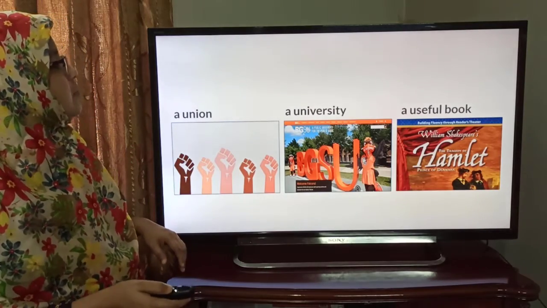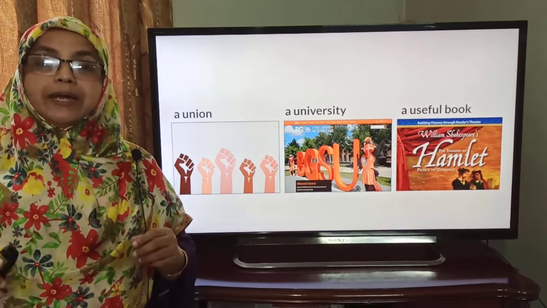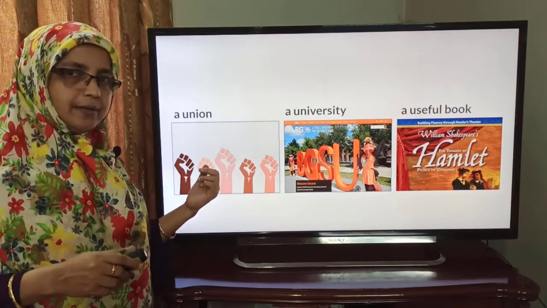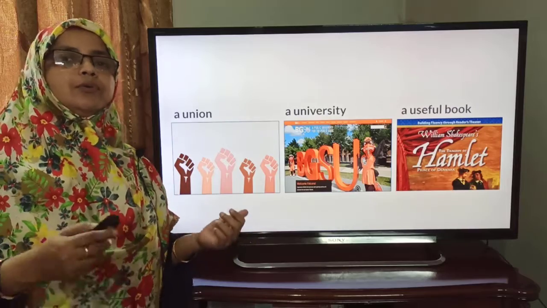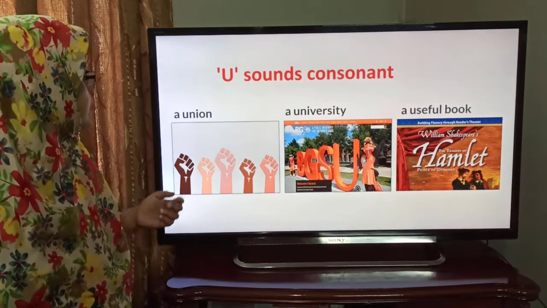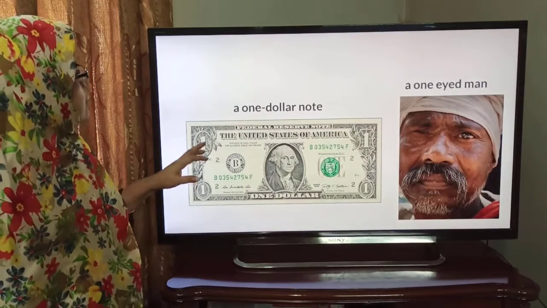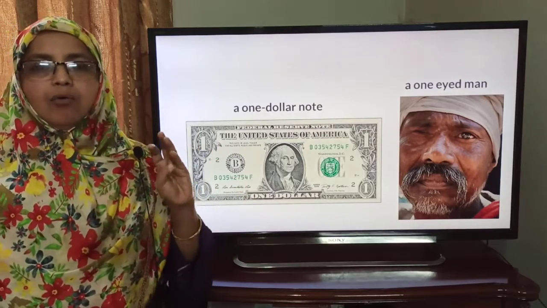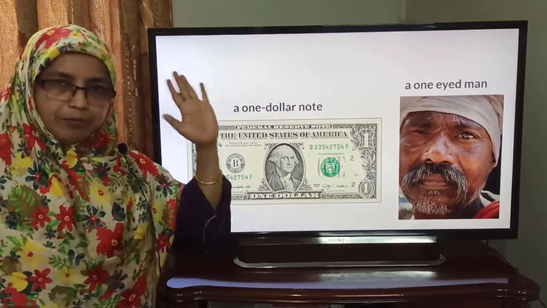So we have learned that whenever the word begins with a consonant sound, we have to use a. Whenever the word begins with a vowel sound, we have to use an. Let's see more examples. Okay, let's see another example. We know a, e, i, o, u. O is a vowel. We have five vowels.